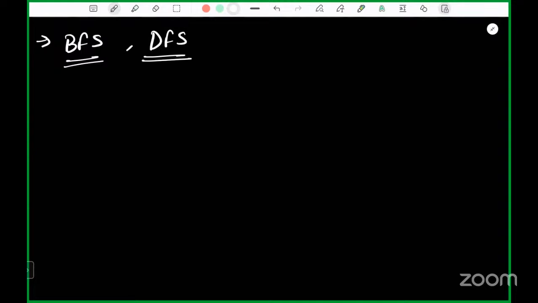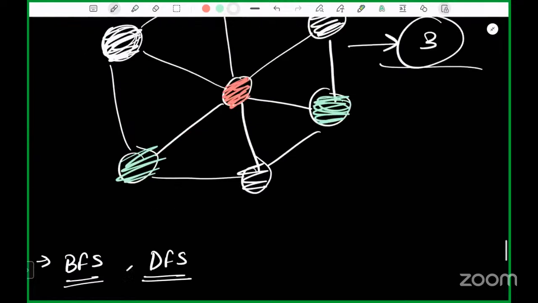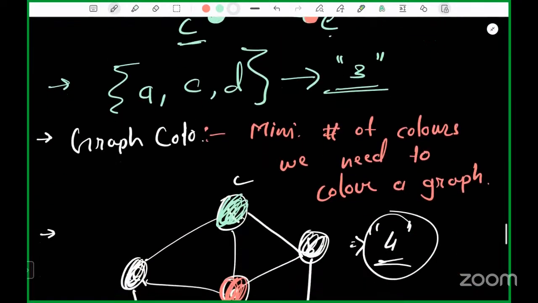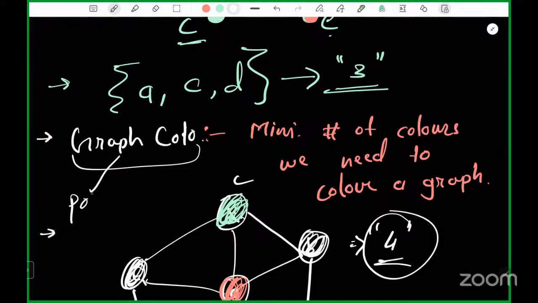Okay, so let's go to BFS and DFS processes. Is there any doubt? I think this problem is also an NP hard problem. People in computer science, theoretical computer science and mathematics haven't been able to come up with a nice closed formula or algorithm for this. So coloring is still an open problem. For coloring, there is one guess they have made: they relate this coloring with the chromatic polynomial.